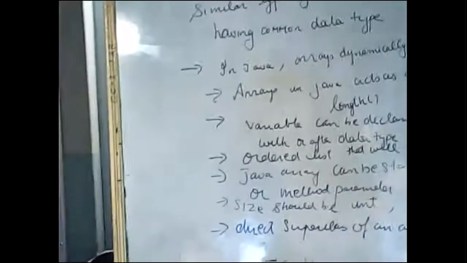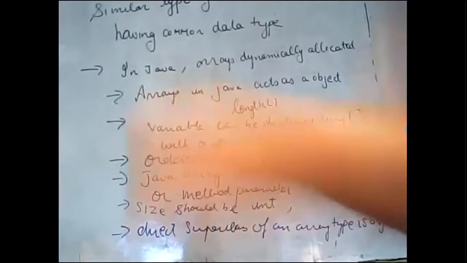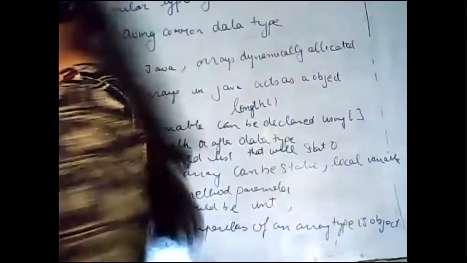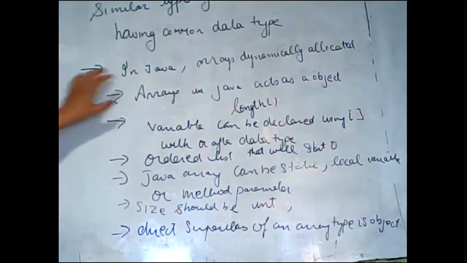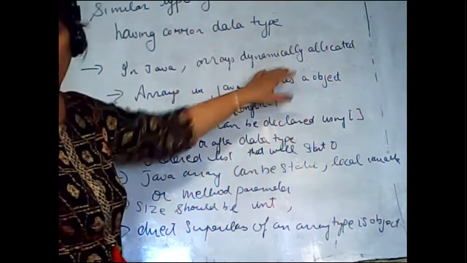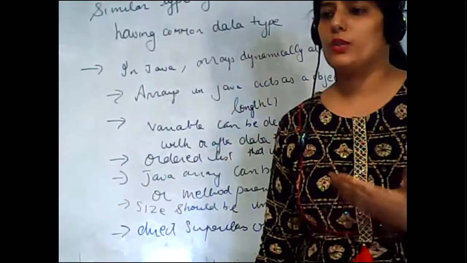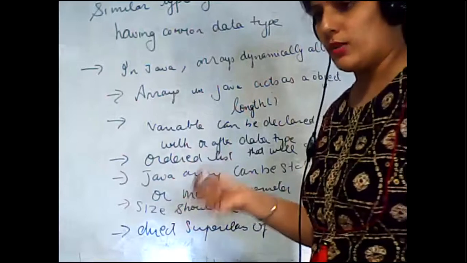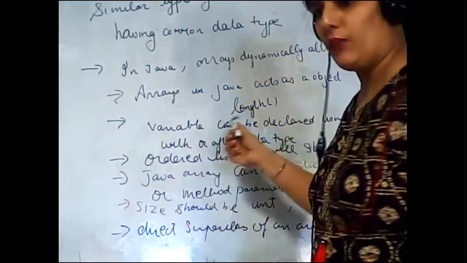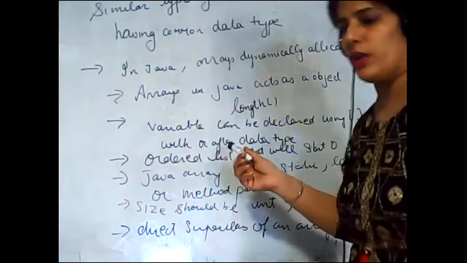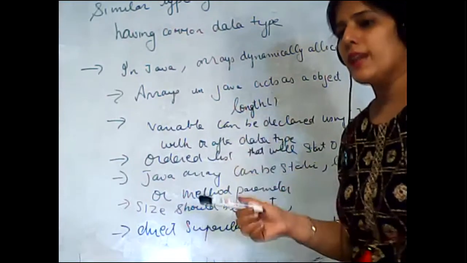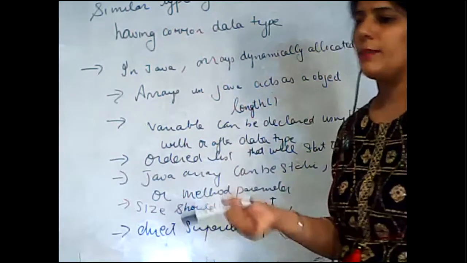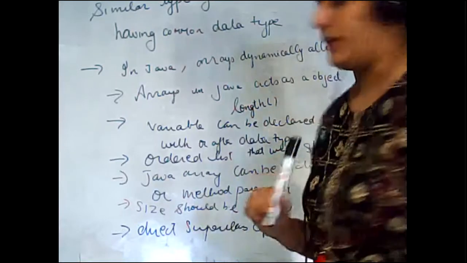So these are some of the features in Java. Let me review them again. In Java, arrays are dynamically allocated, which means memory is allocated at the time of execution. Secondly, arrays in Java act as an object, so we use the length method to calculate the size, whereas in languages like C or C++ we use the sizeof operator.